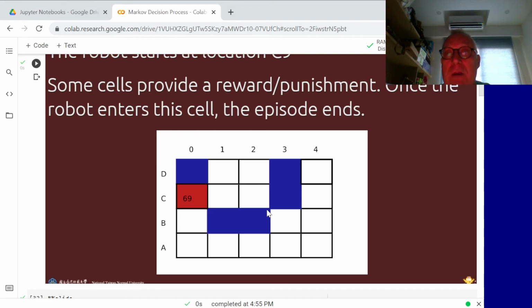But nothing stops me from having a more complex state representation. So in that case, I would have to expand the representation of the states. So instead of just having A0, 1, 2, 3, 4, B0 to 4, C0 to 4, and D0 to 4, I then have to have an augmented state representation where I'm currently in state B1 or I'm currently in state C1 and I've turned left 1 time, right?